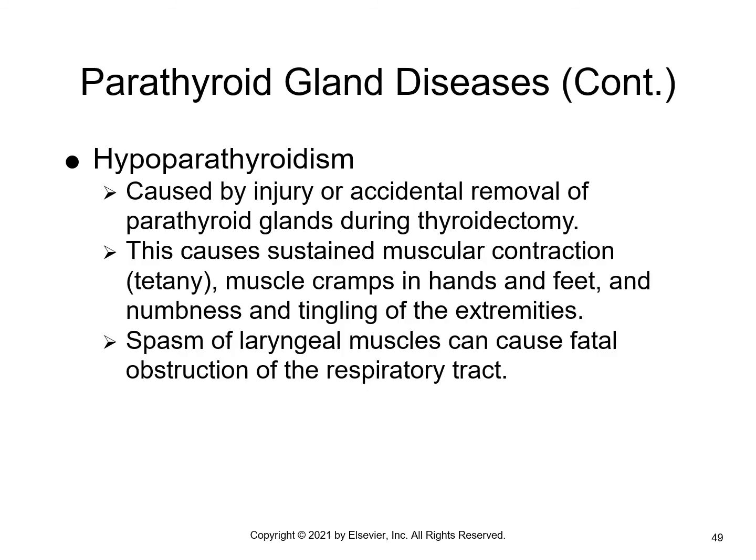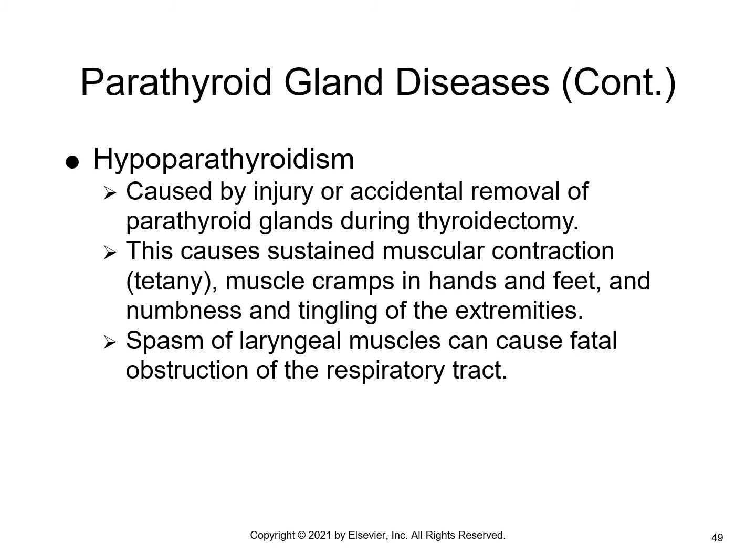Now, on the other hand, we can have hypoparathyroidism, where our parathyroids, often due to injury or accidental removal during a thyroidectomy, cause a reduction in the release of parathyroid hormone. This causes a reduction in calcium and phosphate in the circulatory system. When we don't have enough calcium, we cannot support sustained muscular contraction.